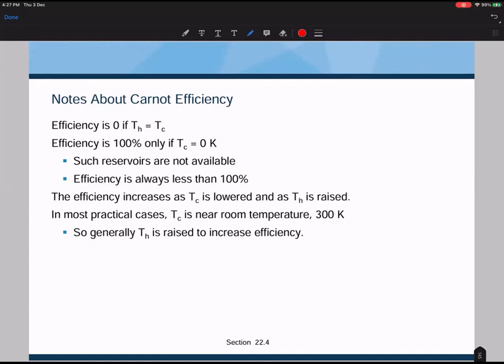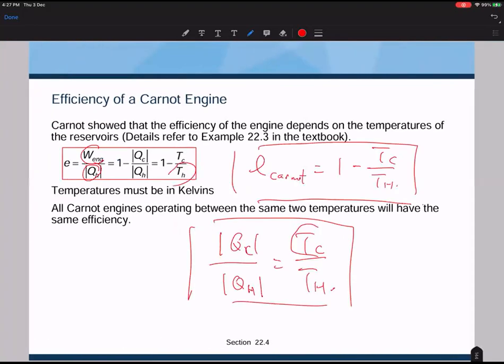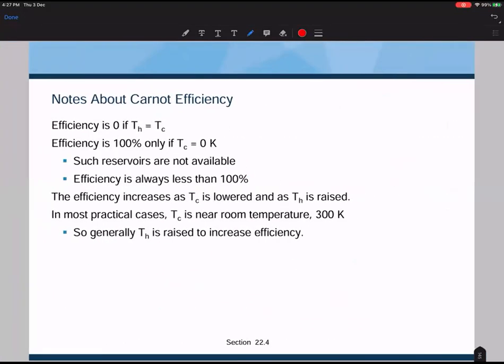So how do you achieve a high efficiency in general? From the Carnot cycle efficiency, in order to achieve a high efficiency, what we could do is raise TH, raise the temperature of the hot reservoir. And that is basically the only way you could achieve a higher efficiency for any heat engine.